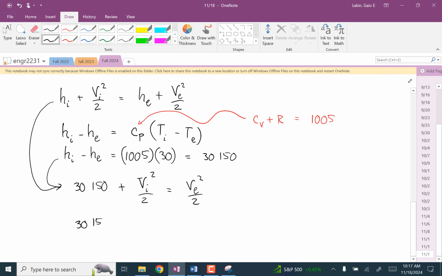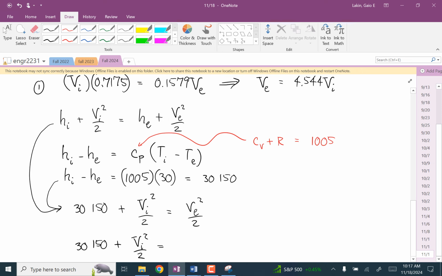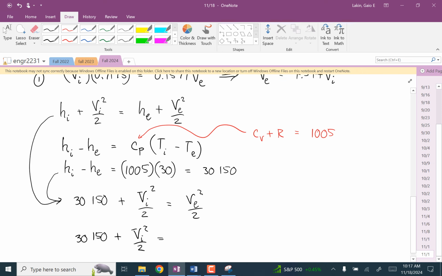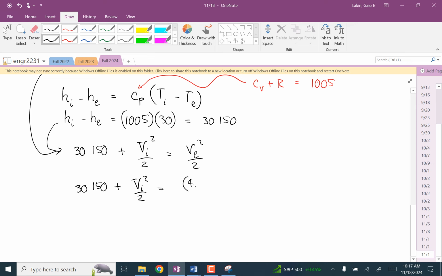So 30,150 plus Vi squared over 2 is equal to 4.544 Vi squared over 2, and then you can solve that.